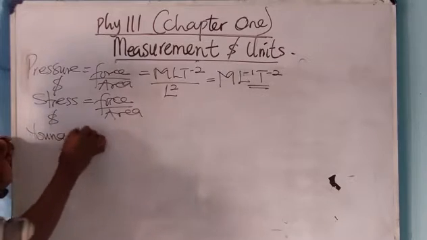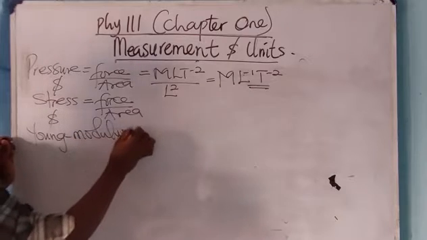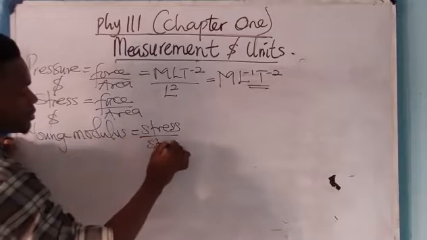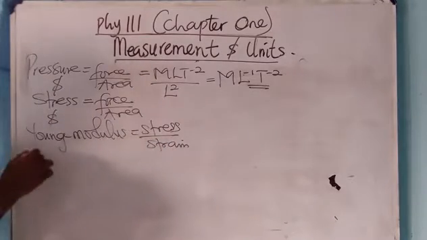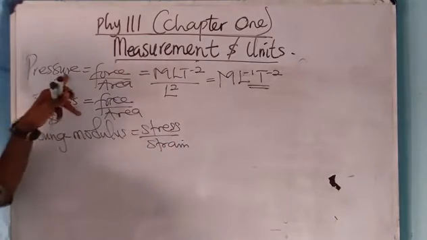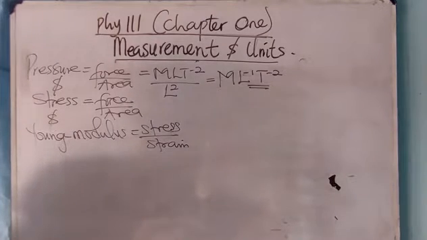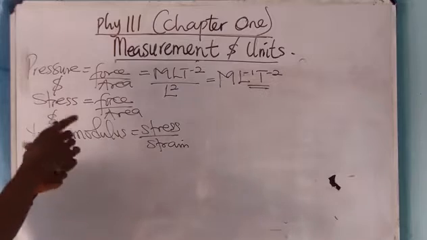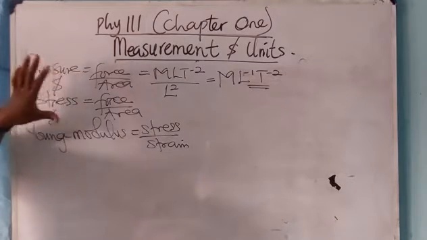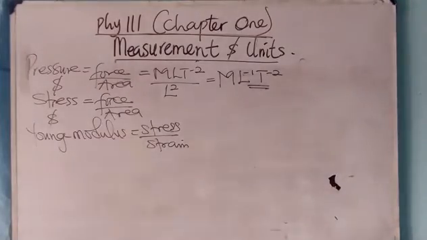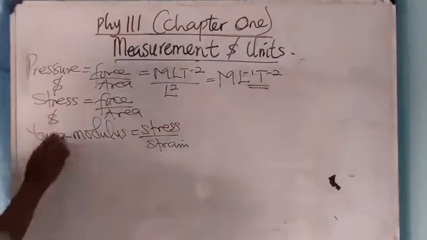Young modulus is stress over strain. So Young modulus, stress, and pressure have the same dimension. Take note of that. The three of them have the same dimension. Do not forget that.